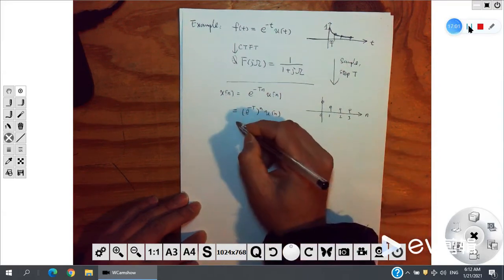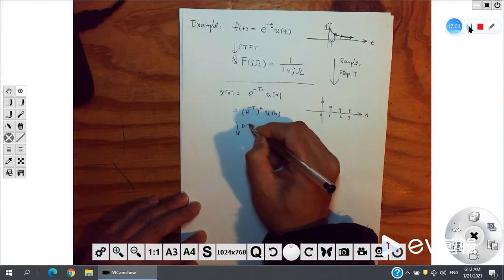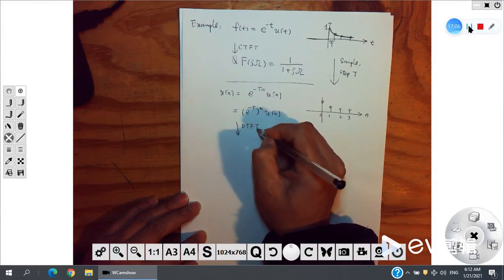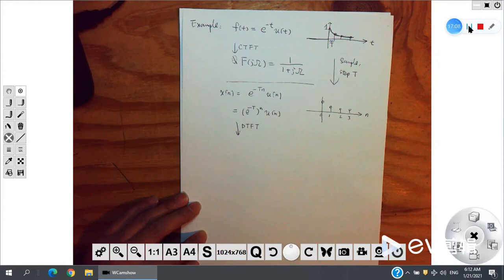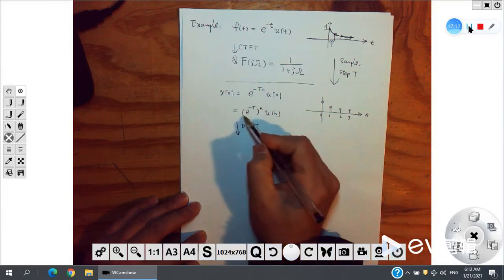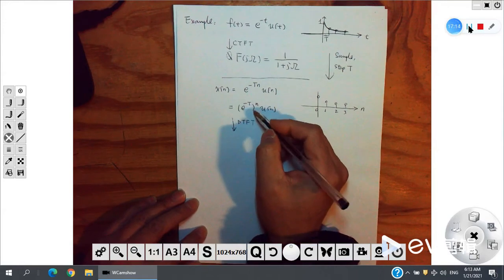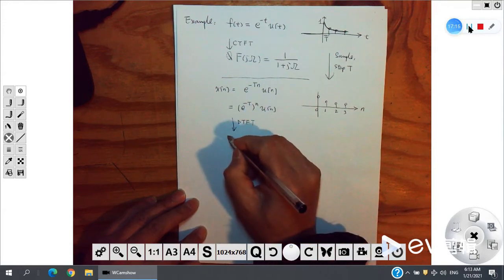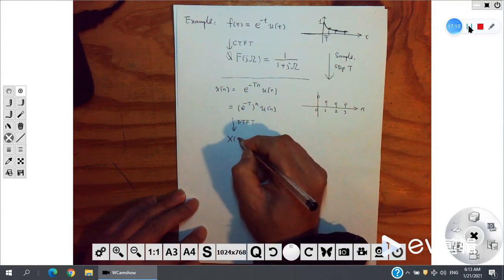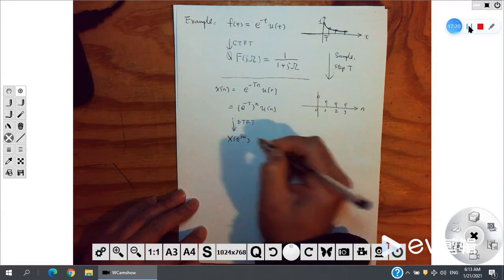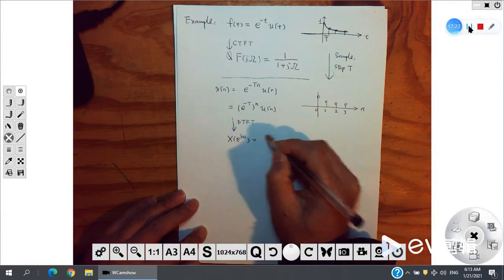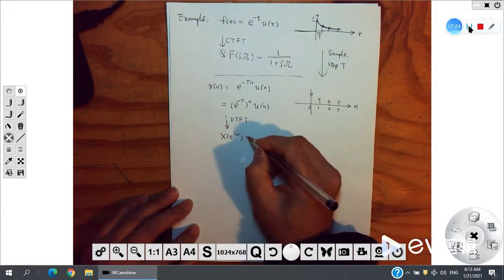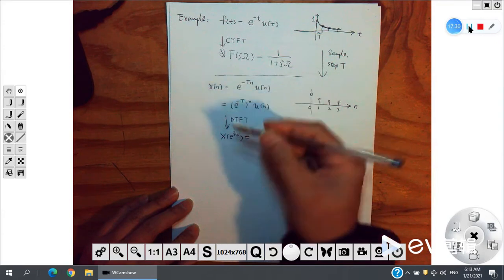This one, you can have the DTFT. Actually, this one you still use a table. From the table you can find this kind of signal. We already have the DTFT. This is capital X of e to the j omega equal to, yeah, the notation now looks somehow not so convenient, but when you get used to it, you think it's fine.